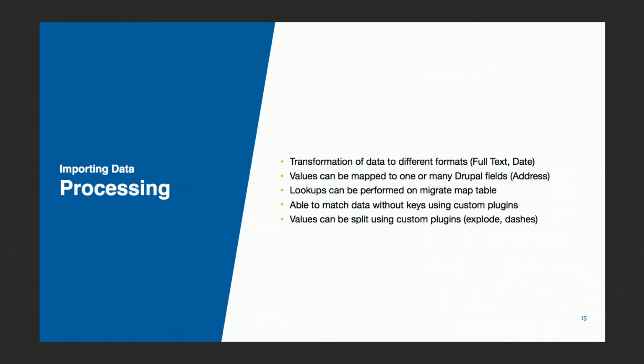And once you have this set up, the Migrate module takes care of creating a map table of the source ID to the newly created Drupal ID, whether it's the NID or the TID or whatever it is of the content you're creating. So this is very nice because the Migrate module automatically keeps track for you of all the content that you've already imported.